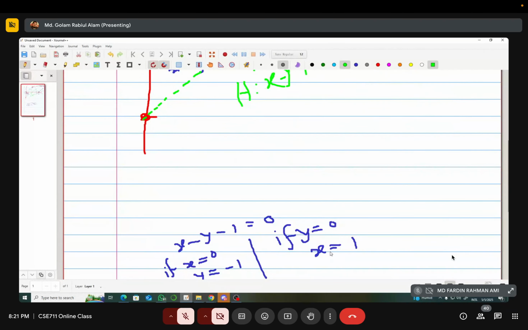Now the last thing is we want to test any data point, whether the data point is positive or negative. That means whether, based on the data point values, it will be in the positive class or in the negative class.